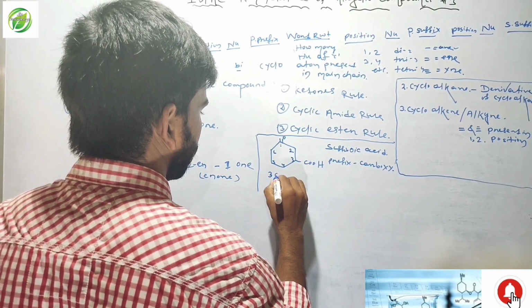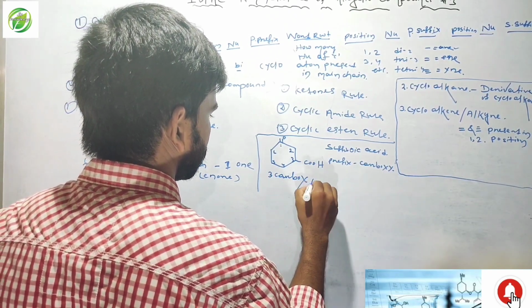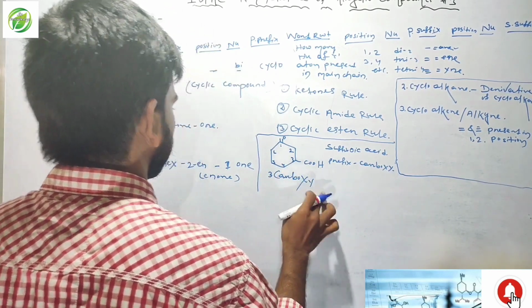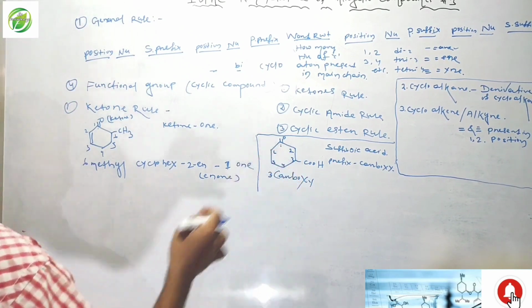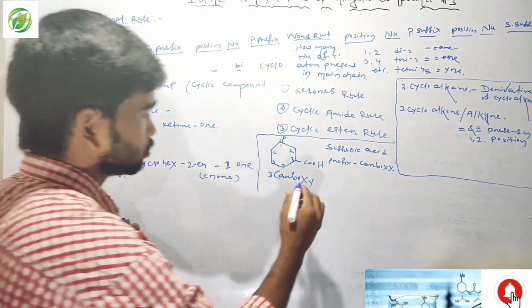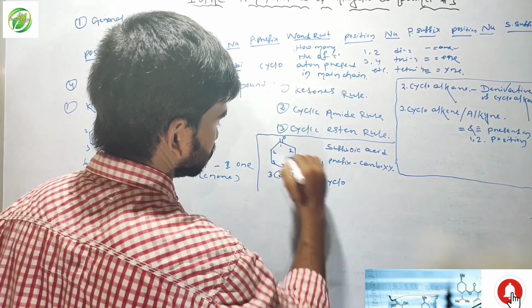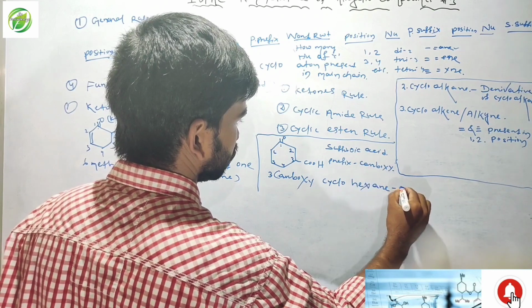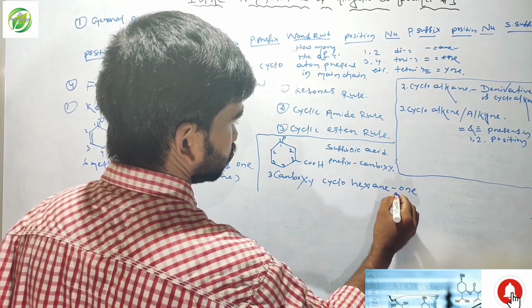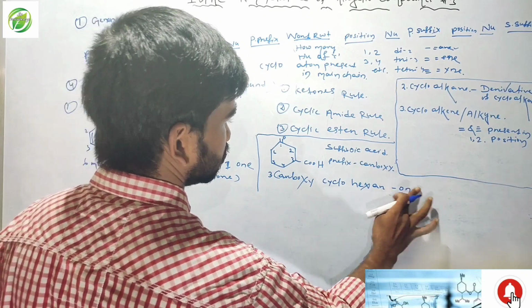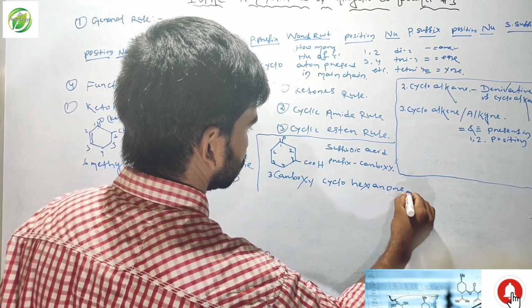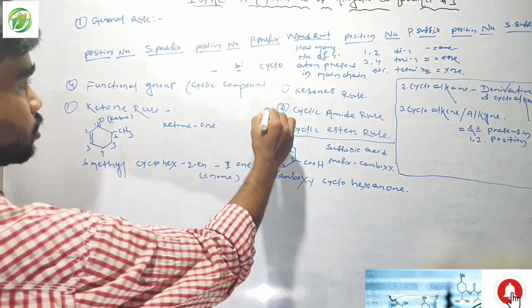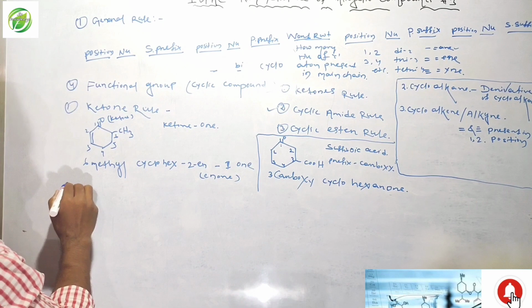So this is 3-carboxy, this is a cyclic compound, so use cyclo, 6 hex, 1 one. For ketone with one, we omit this E. So 3-carboxy cyclohexanone.